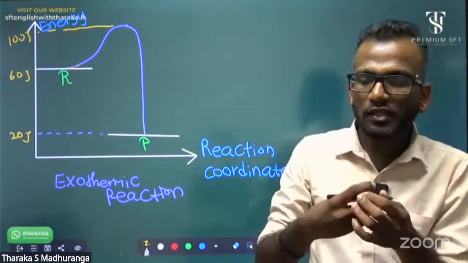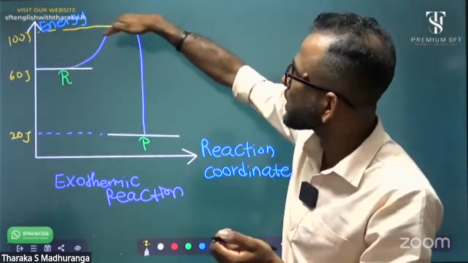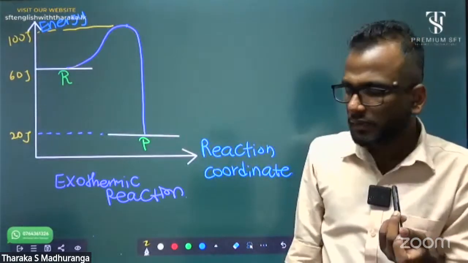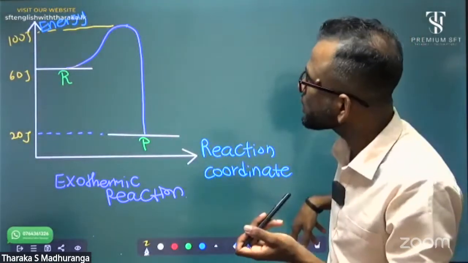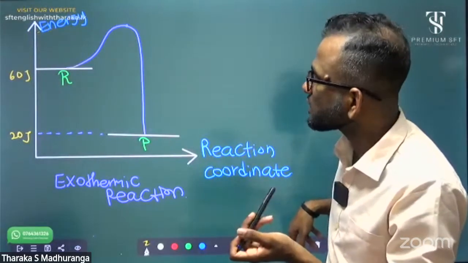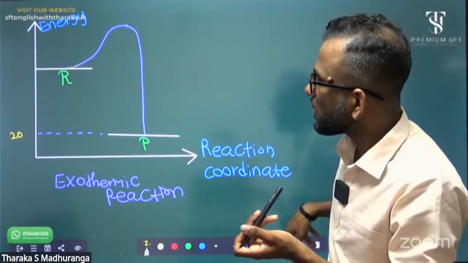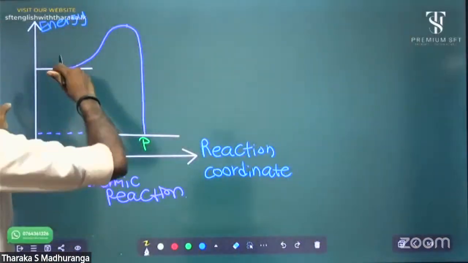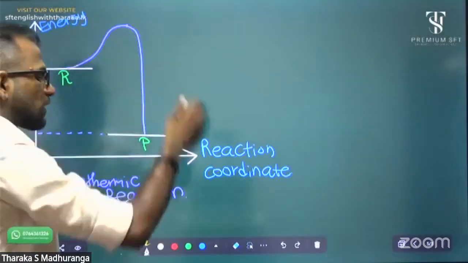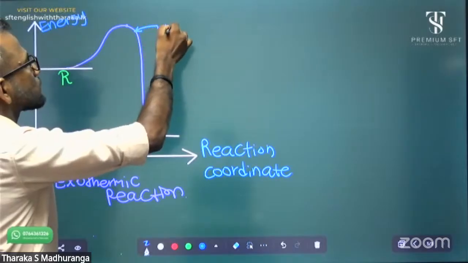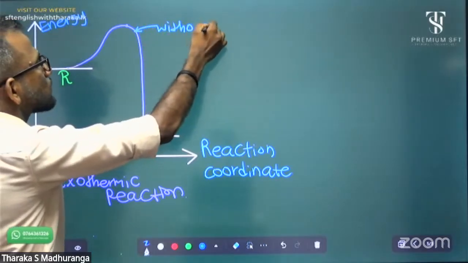Only if they can climb this slope can they convert into product, if they have 100 joules. 100 is an example. These values are examples, right? Okay, this is a graph without catalyst.